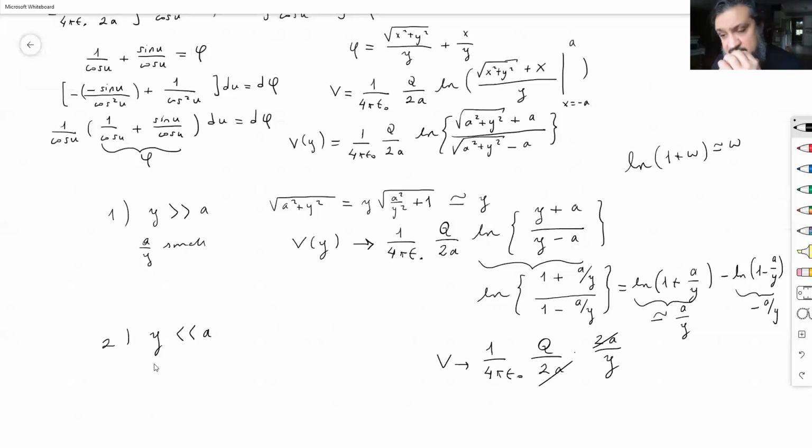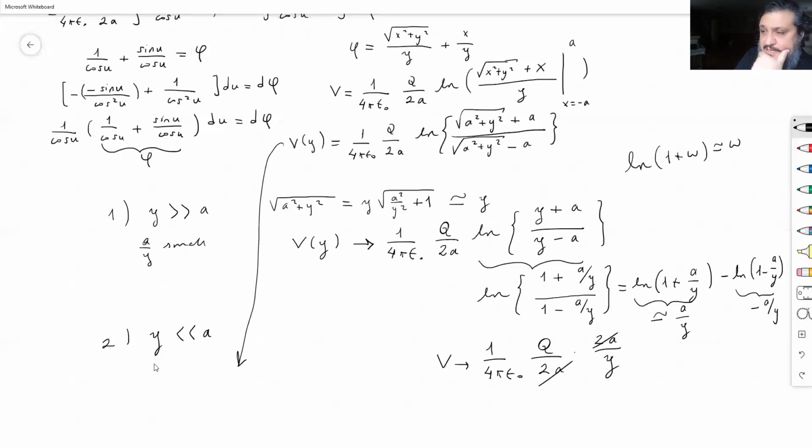Before I copy this, let's worry about the other limit, when you're really close to the charge, when y is much less than a. Now you can do the same trick. You can take this expression and instead of factoring y out, factor a out. But if you do that, you're going to get into trouble.